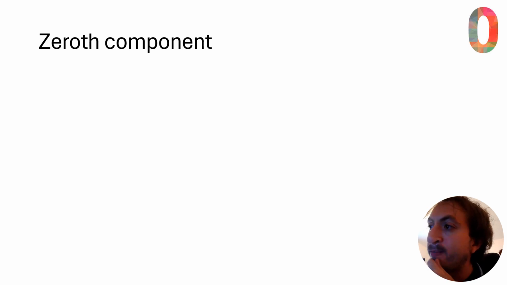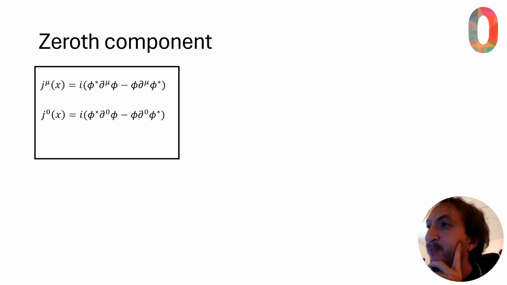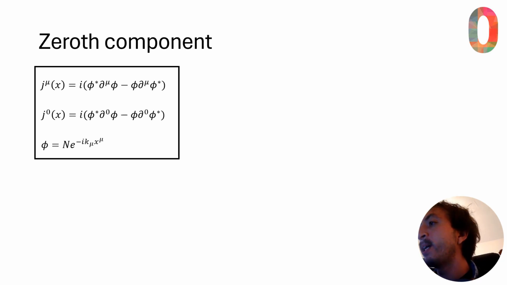So let's see what we get for this if we look at our trial solution to the Klein Gordon equation. Well, we firstly have to have an expression for the 0th component of our four-current, and just taking mu equals 0, we directly get that. And remember, the partial derivative with an index of 0 refers to the partial derivative of our field with respect to time. And we'll take our general solution to the Klein Gordon equation.